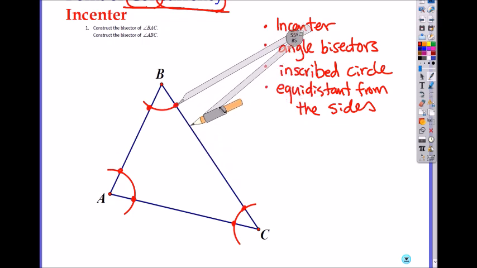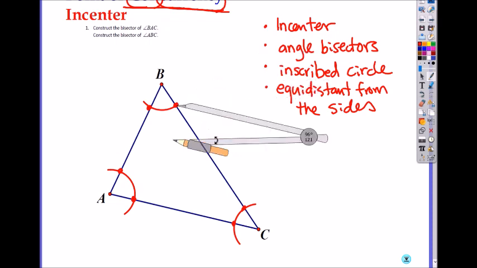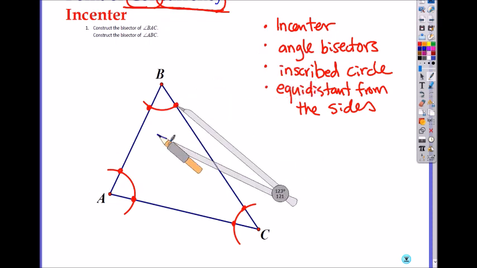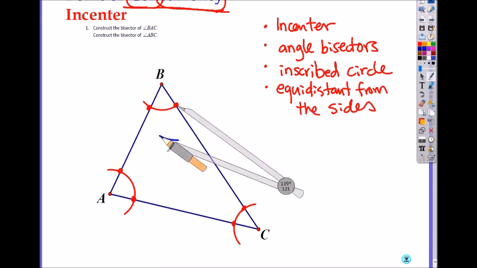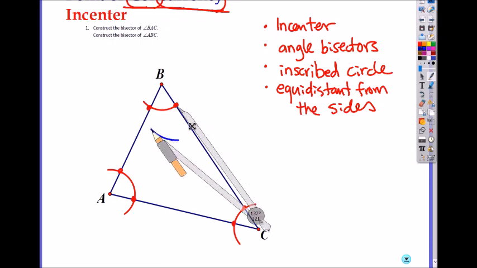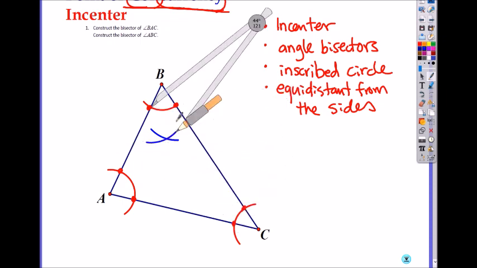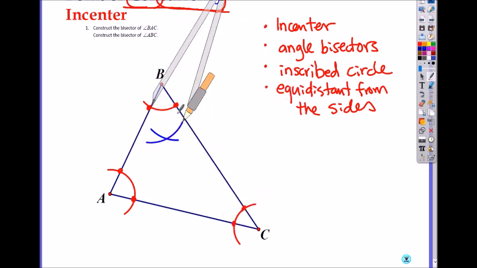You can use the same length or open it a little wider. And then what do you do? You draw an X. And you go to the other point and you draw an arc to find this X. You see how this point is equidistant from these 2 points there?